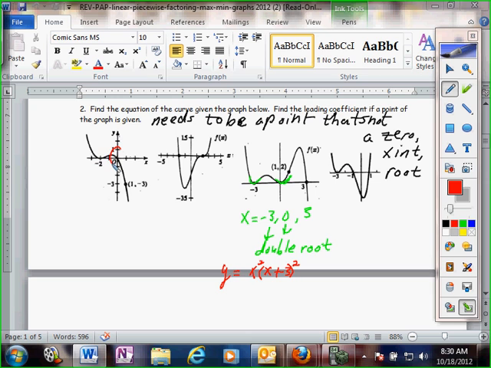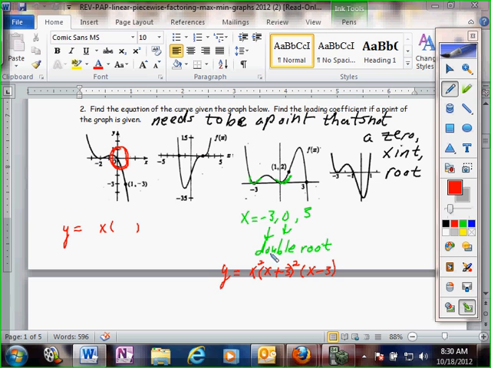And then finally I have a single root here at x minus 3.